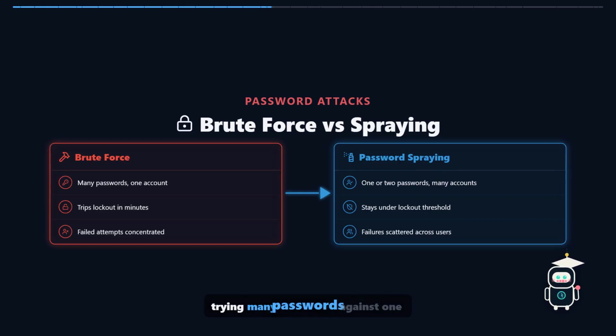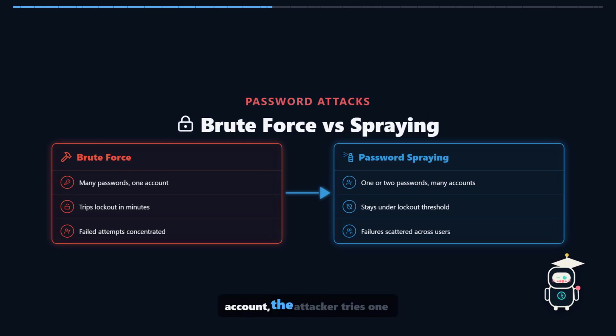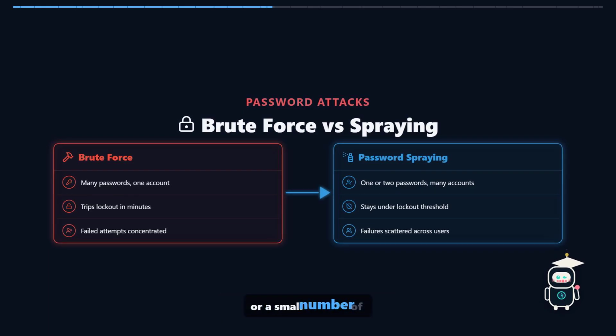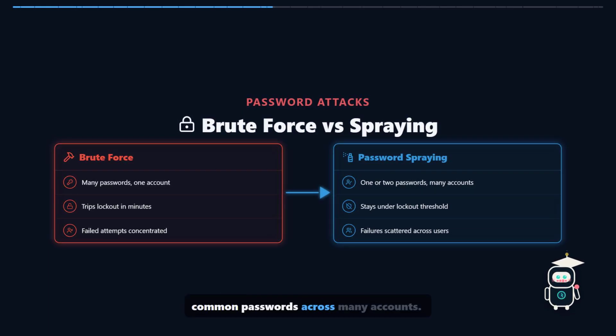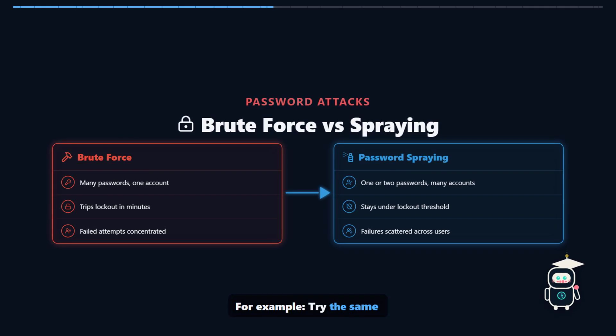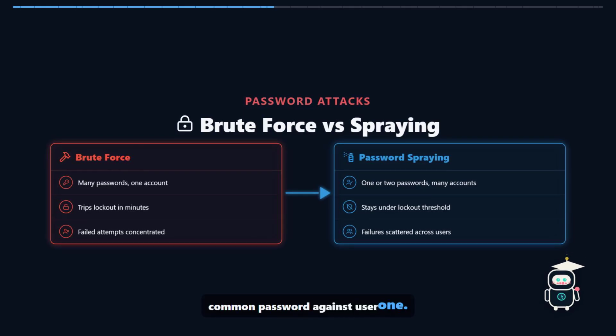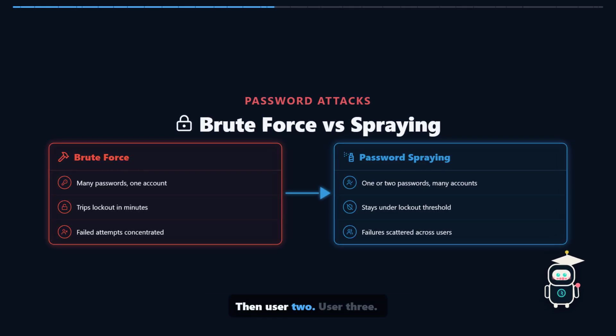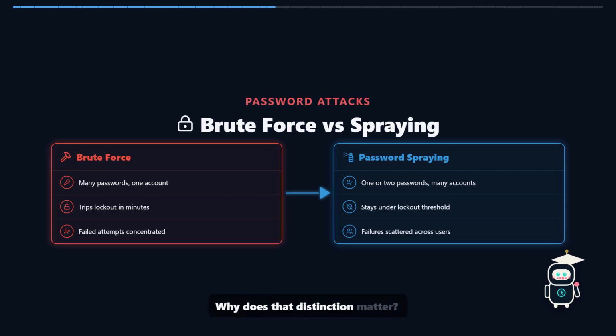Instead of trying many passwords against one account, the attacker tries one or a small number of common passwords across many accounts. For example, try the same common password against user 1, then user 2, user 3, and continue across the organization. Why does that distinction matter?